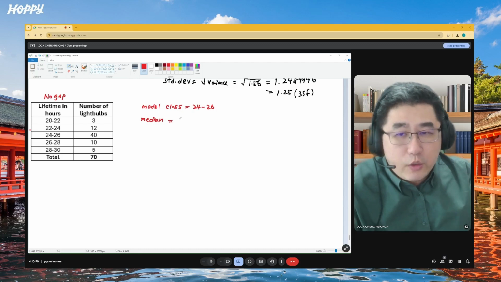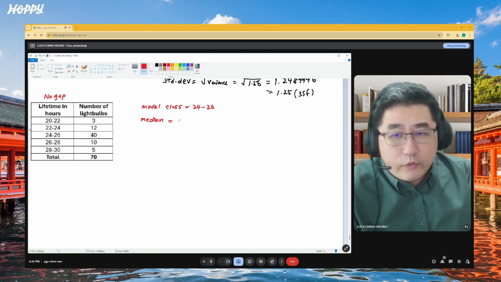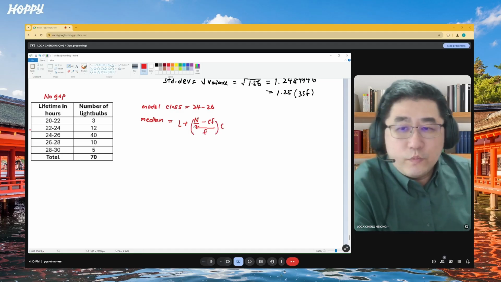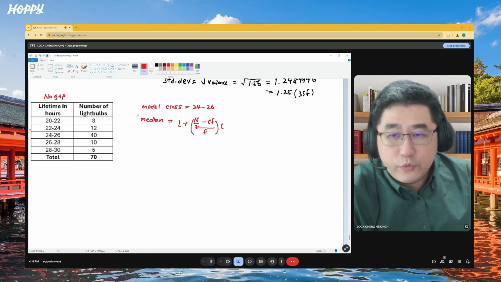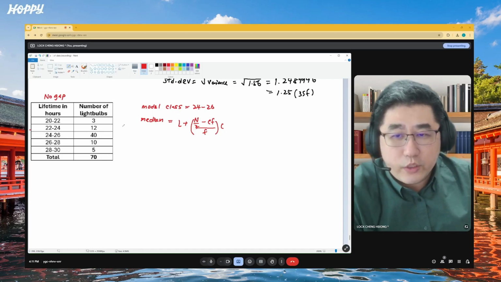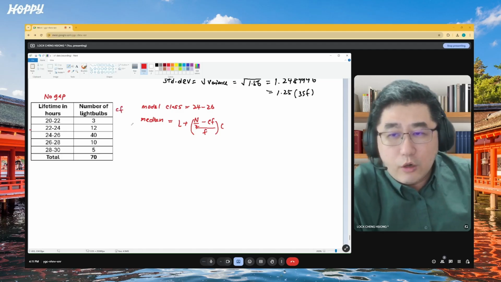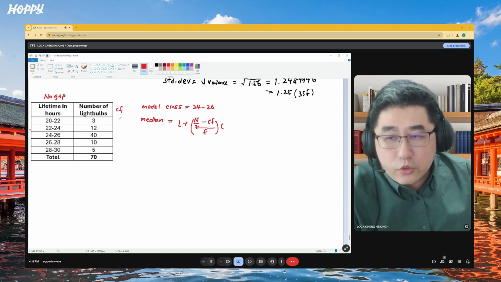I write it in the form of L plus (N over 2 minus CF) over F, times C. Before I deal with this median formula, I create a column called cumulative frequency.